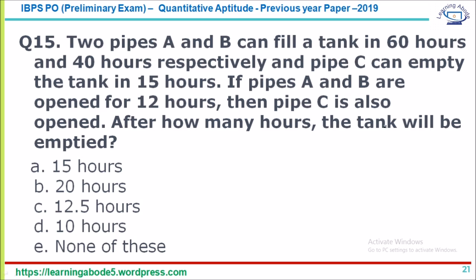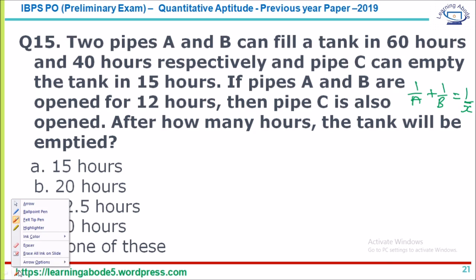For example, if there are 2 people working, we write 1 by A plus 1 by B. That is the 1 day work of A plus the 1 day work of B. They have a rate of work, let's say 1 by X, and if they work for X days, they will complete the task, so that will be a positive task of 1. Here, since it is about emptying, we will go for a negative 1, because the full tank being emptied is a negative 1. Now let's first write the equation here.